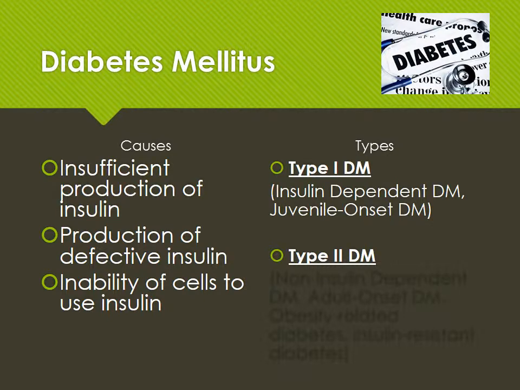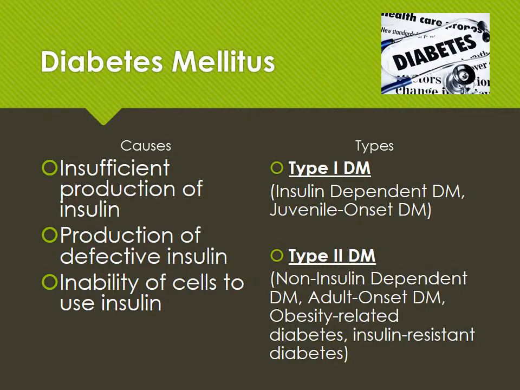Type 1 is insulin dependent, and it is usually juvenile onset. Type 2 is non-insulin dependent diabetes. Onset is in adulthood. The two types of diabetes mellitus in type 2 are obesity-related diabetes and insulin-resistant diabetes.